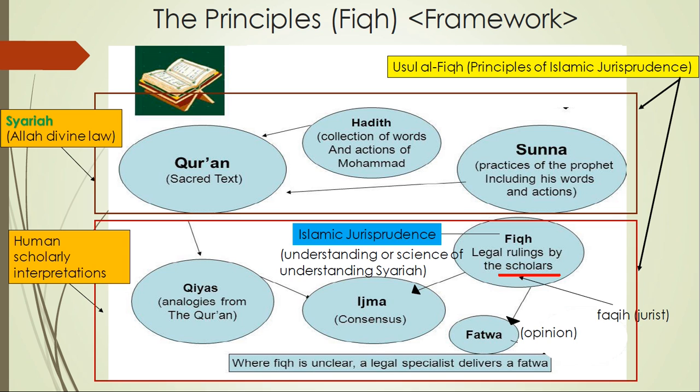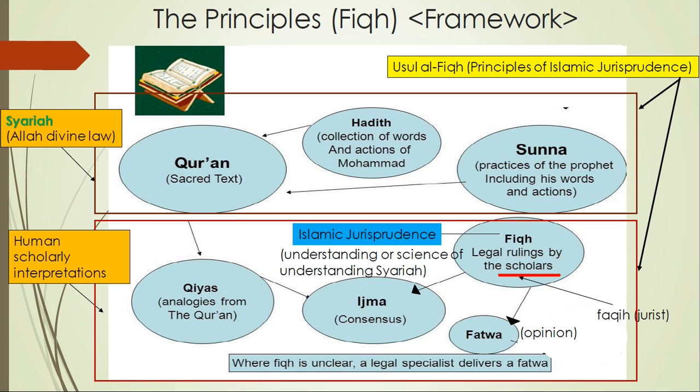You can see the top one would be the Quran, the sacred text, and from there we have the collection of hadith, and obviously at the same time we have the Sunnah, meaning the practice of the beloved Prophet Sallallahu Alaihi Wasallam, which includes his words and action. So it correlates with one another.